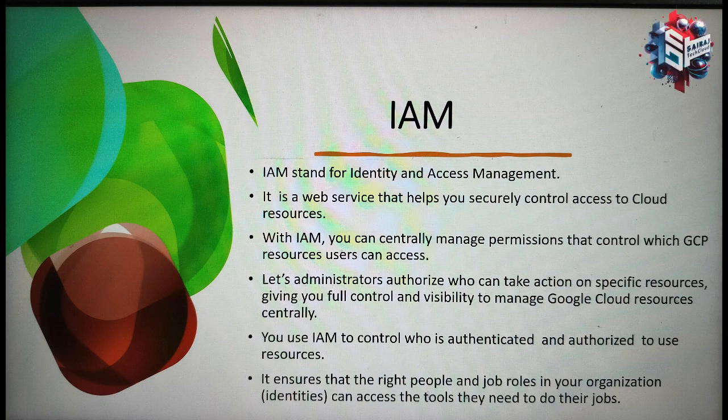IAM ensures that the right people and job roles in your organization can access the tools they need to do their jobs. It controls who can do what with your cloud resources.